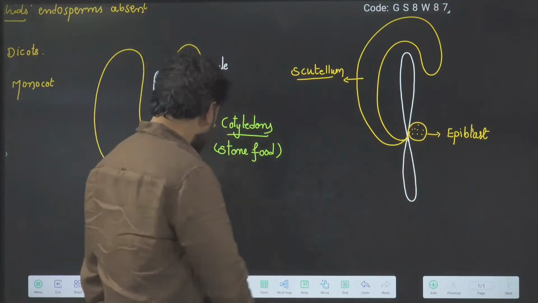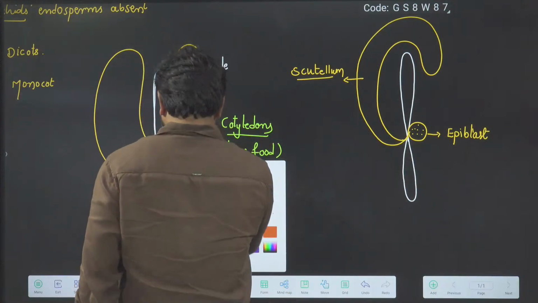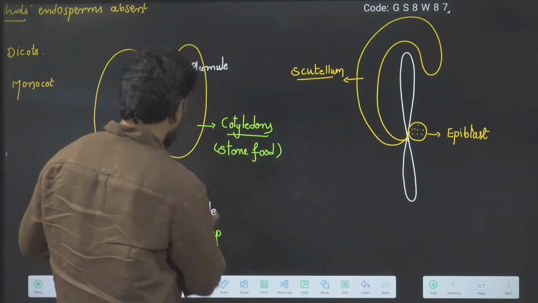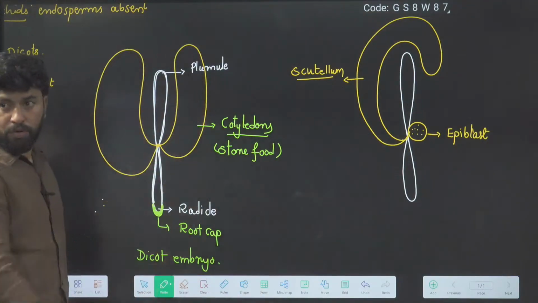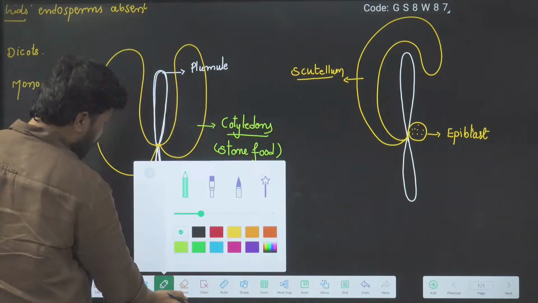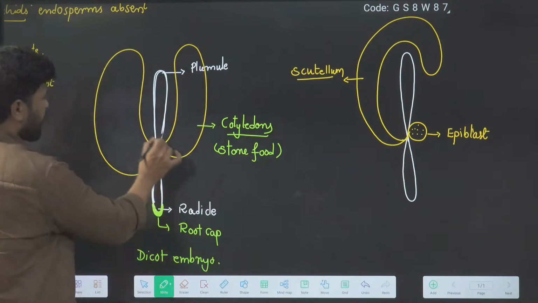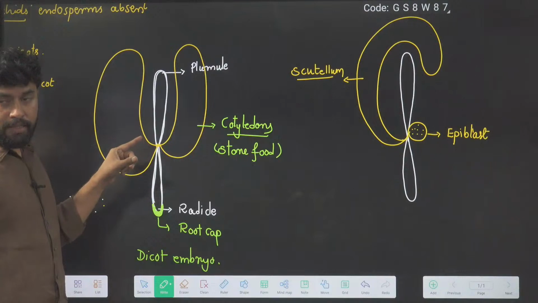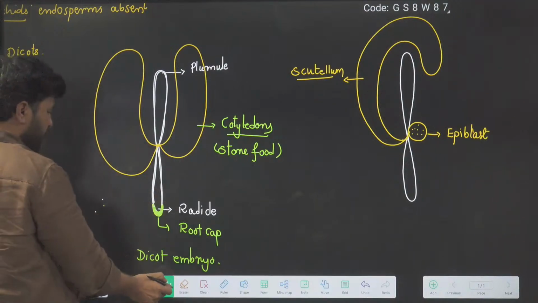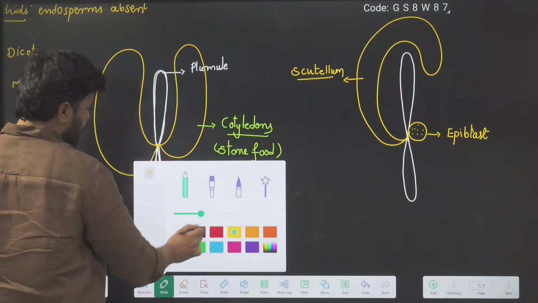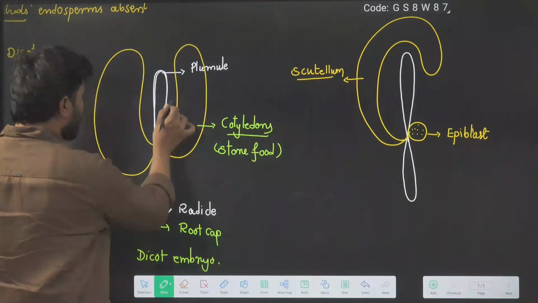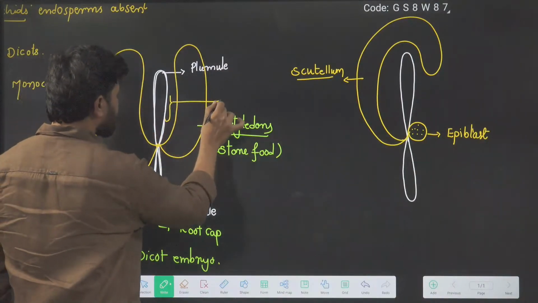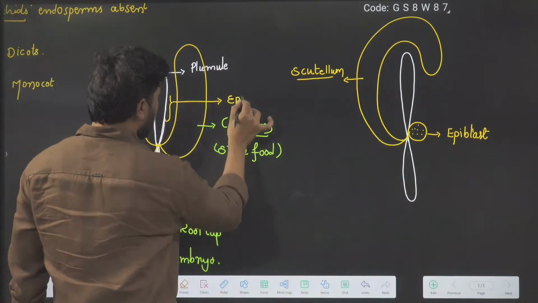Then, here for both dicot and monocot, there are some things you need to remember. I said in the case of dicot, two cotyledons are attached to the embryonal axis. The part of the embryonal axis above the cotyledons is called the epicotyl.